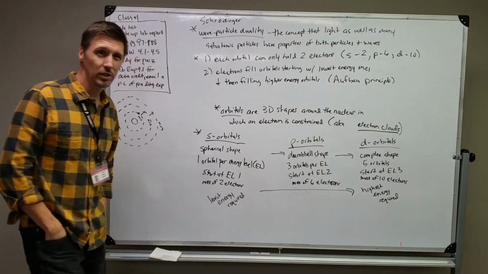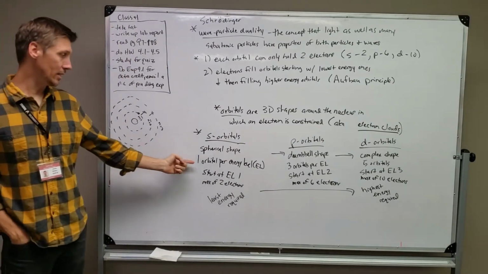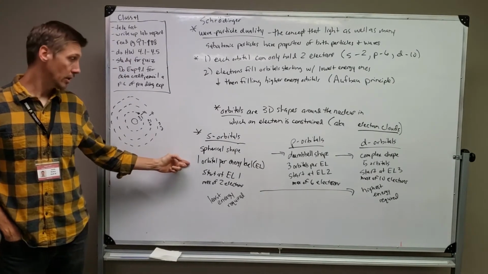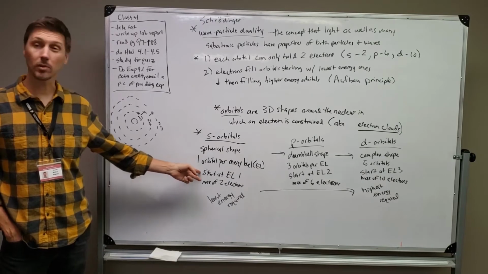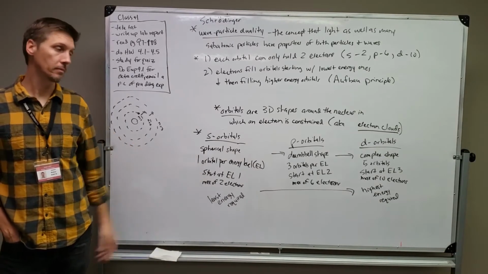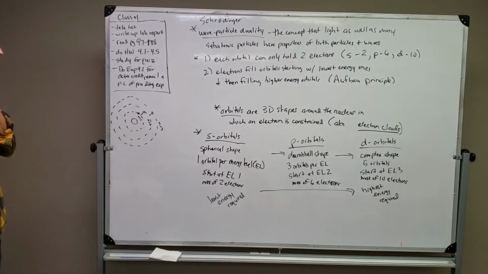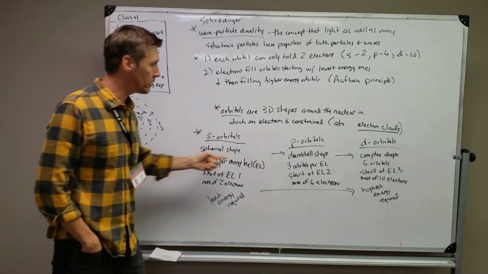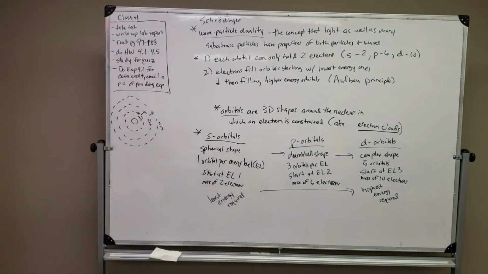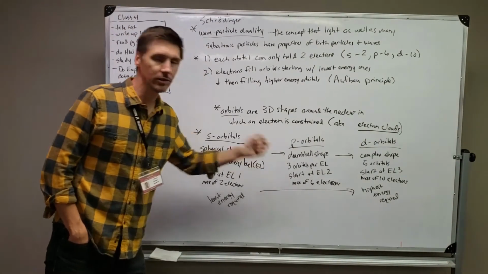Okay, so the first place you're going to find an electron is going to be in the s orbital at energy level 1, because the s orbital starts at energy level 1. Requires more energy to be in the p orbital. And notice that the p orbitals don't start until energy level 2.